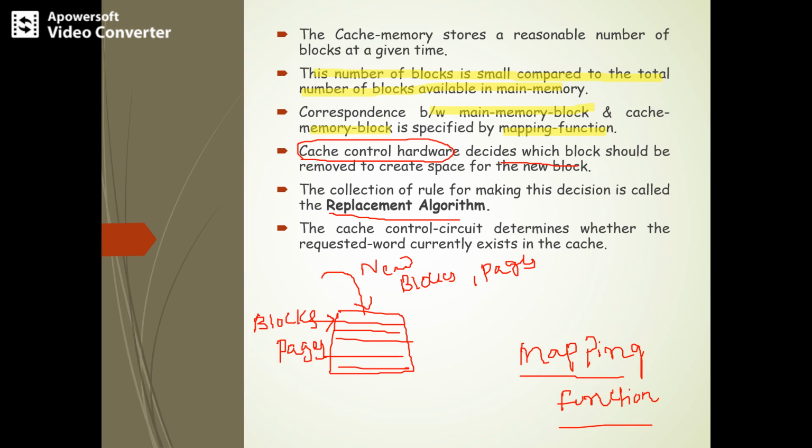The cache control circuit determines whether the requested word currently exists in the cache or not. So, in order to perform a read or write operation, it checks whether the requested information is available within the cache or not.